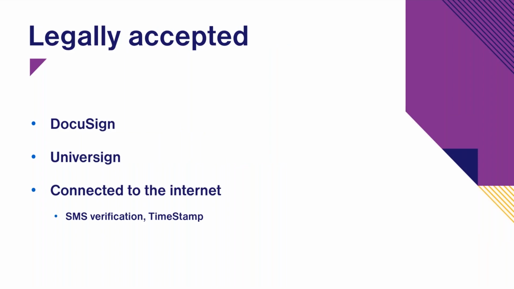Then it is possible to use legally accepted signatures using providers like DocuSign or Universign. This signature can only be generated when the device has a connection to the internet, because the signature service needs to be contacted, for example, for SMS verification or sending the generated report to the customer or signee directly, and also to record the timestamp.